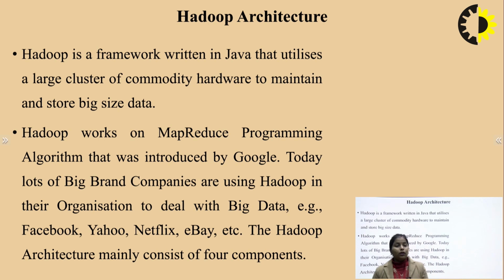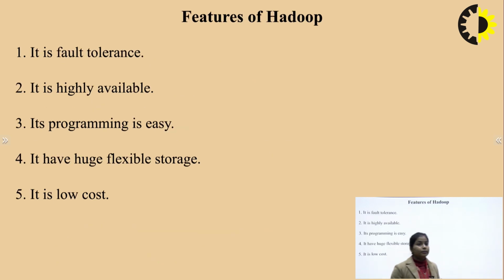Today lots of big brand companies are using Hadoop in their organizations to deal with big data, for example Facebook, Yahoo, Netflix, eBay, and many more. The Hadoop architecture mainly consists of 4 components.